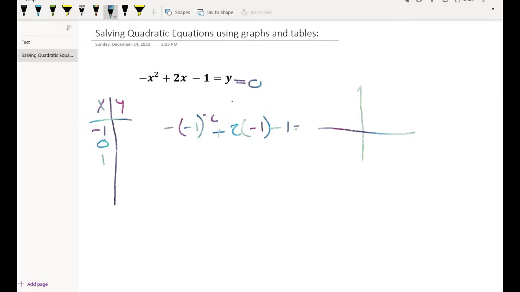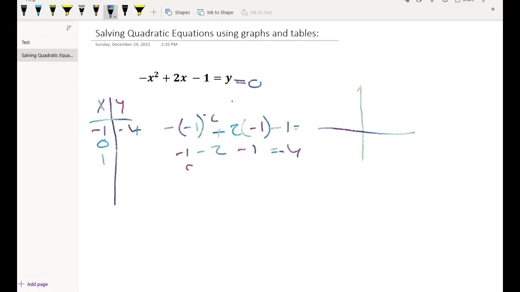We got minus 1 times 1, minus 1 squared is 1, plus minus 1 times 2 is minus 2, minus 1 adds up to minus 4. So where we have x equals minus 1, y would be minus 4.